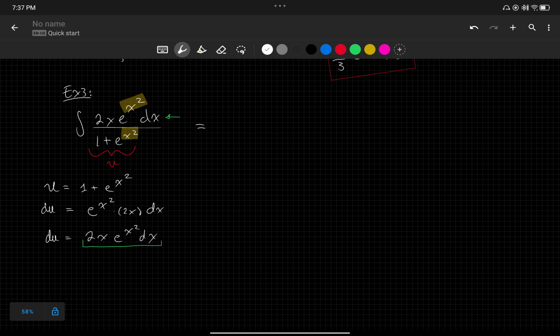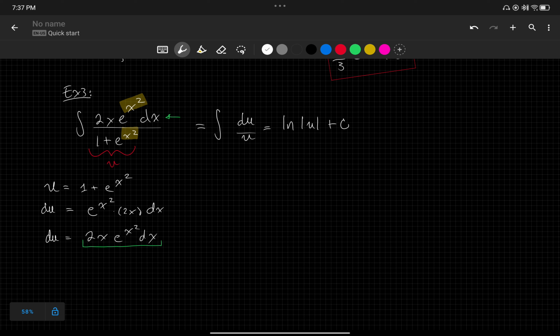So this works out pretty nice. Let's switch it out. So then this is du, and this is u. Du over u. This is a formula, and it's natural log absolute value of u plus c.